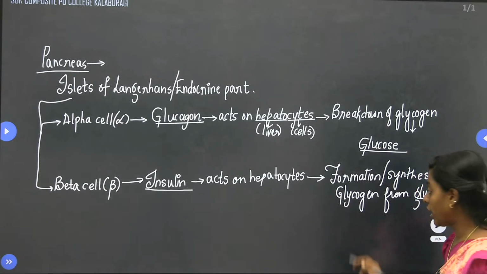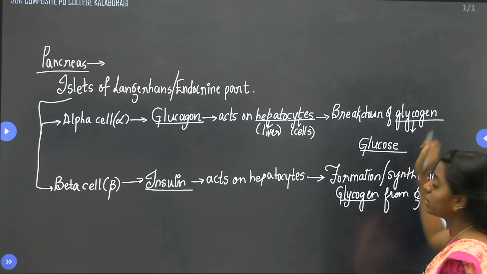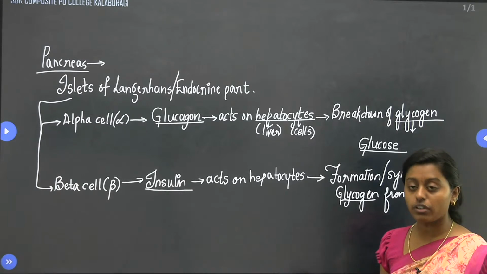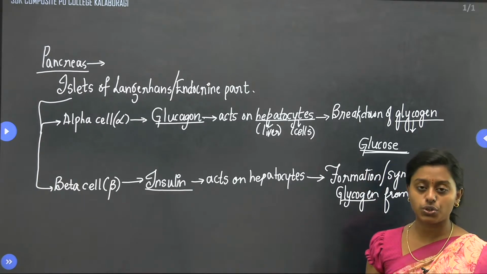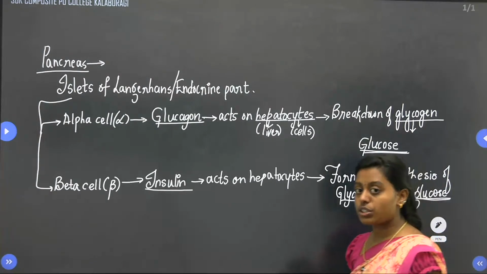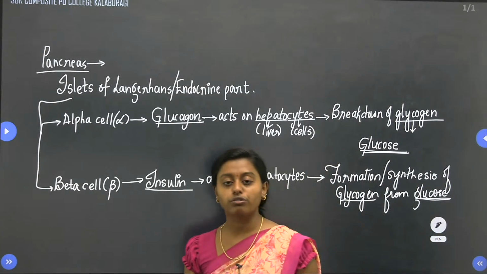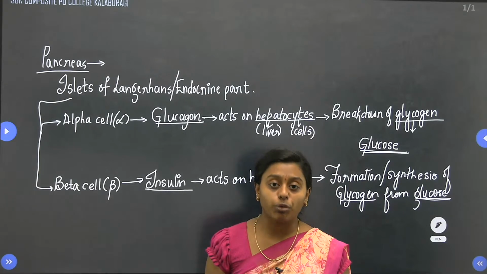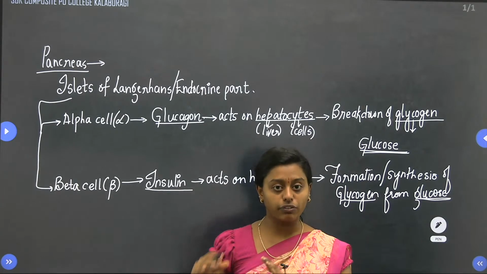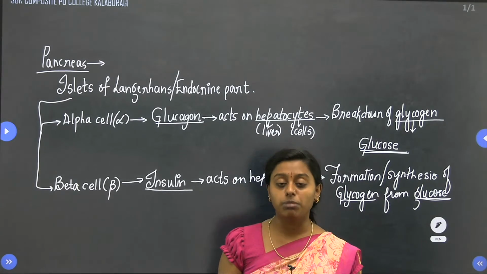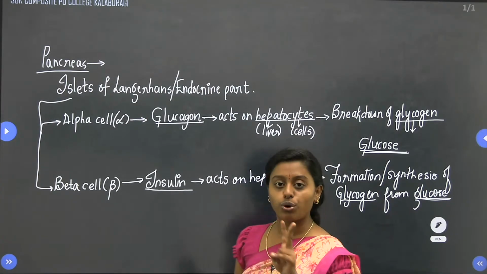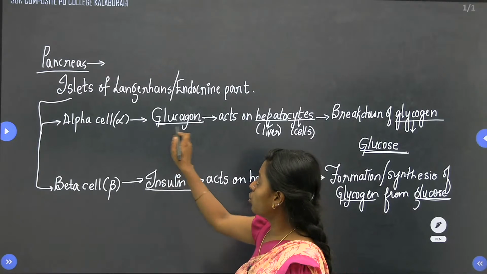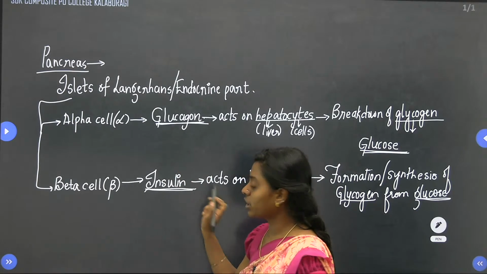Here we can observe that glycogen is stored in the liver, whereas glucose is present in the bloodstream. So the concentration or amount of glucose within the body, between the liver and the bloodstream, is well maintained by two hormones. One is glucagon and the other one is insulin.